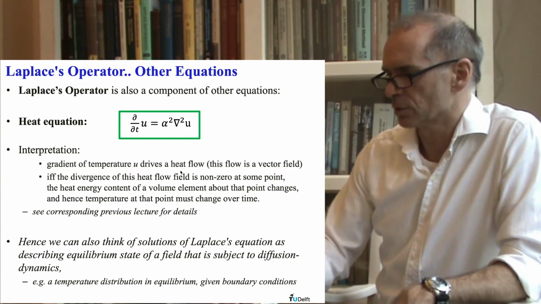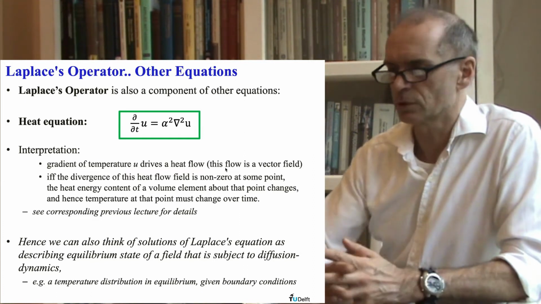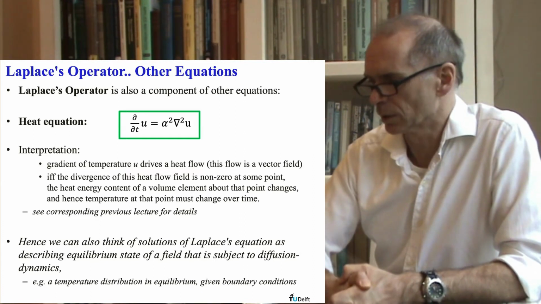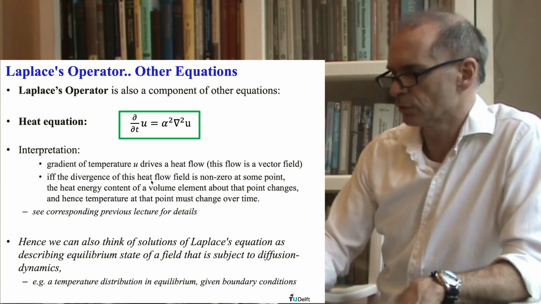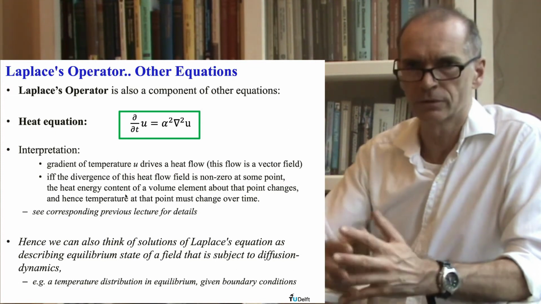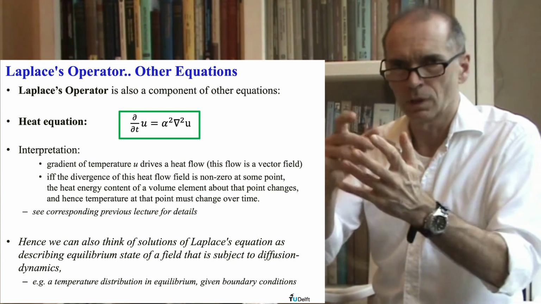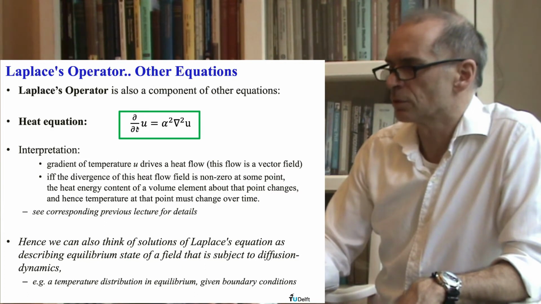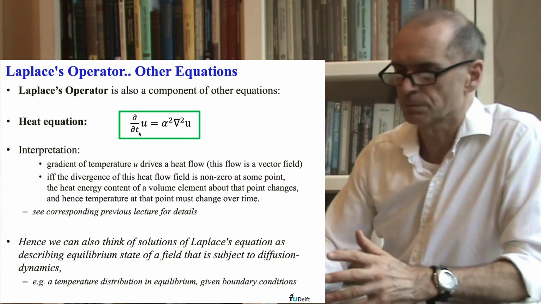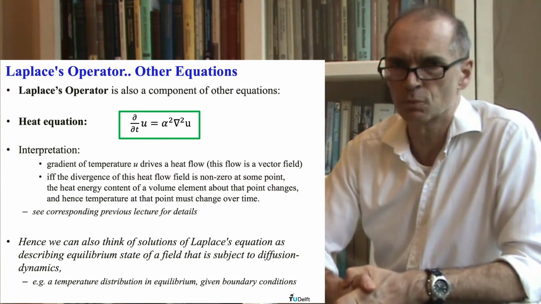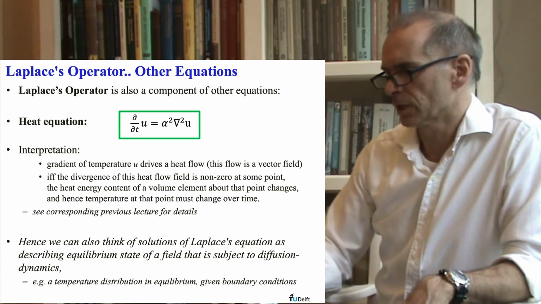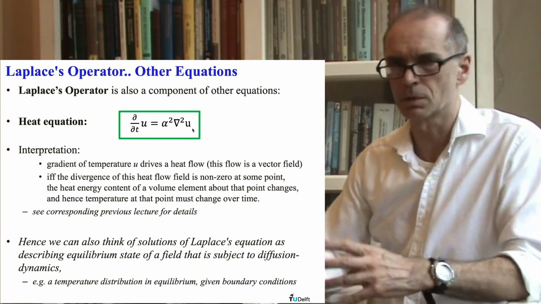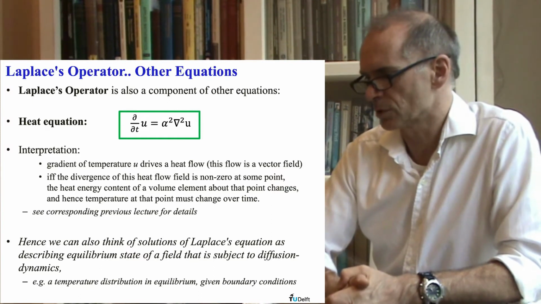The gradient of the temperature drives the heat flow, so there was the gradient. And we said, well, the divergence of that heat flow, if that is non-zero at some point, then apparently the heat content of a volume element about that point changes, and that is this derivative with respect to time, because the heat content was assumed to be proportional to the temperature, and in that way this time derivative of the temperature distribution became proportional to the Laplace operator acting on the temperature distribution.